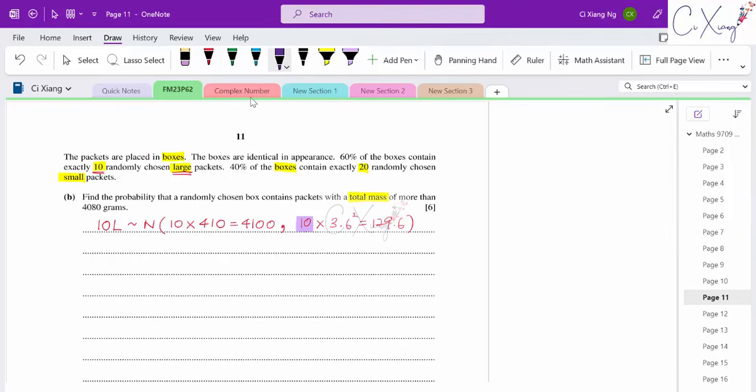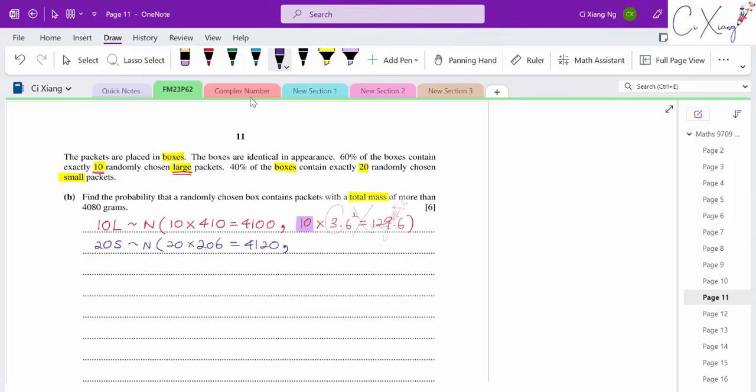The second type of box that I have will be 20S, 20 small packets. They are still normally distributed. To get the mean, I'm taking 20 multiplied by the mean for the small packet, 206, and from there I get 4120. For the variance it is also the same, because we have 20 different small packets here.